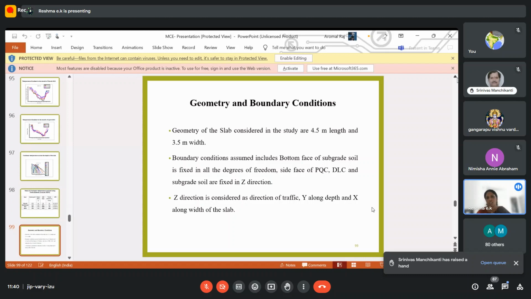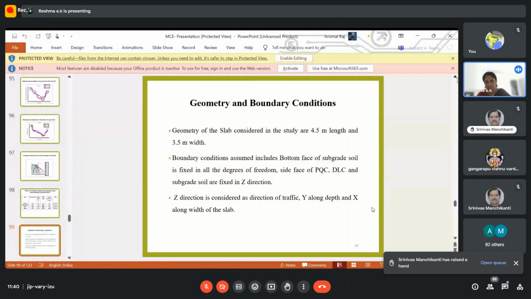And the boundary conditions, you see, the bottom face of the subgrade is fixed in all directions. The side face of PQC, DLC and subgrade is also fixed in Z direction. Z direction means it is in the direction of traffic. And Y direction is kept free because I want to measure the temperature along the depth, Y depth. Right, depth wise I need to measure, so that is kept free.